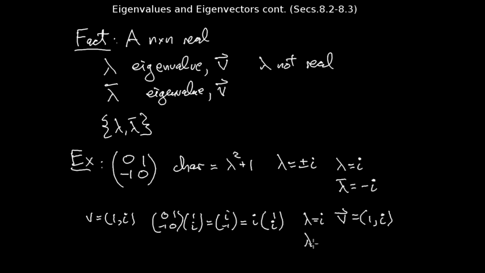And therefore, when lambda is equal to minus i, you don't have to solve for the eigenvector from scratch. You know right away that the corresponding eigenvector is just the bar of this one, which is (1, -i).